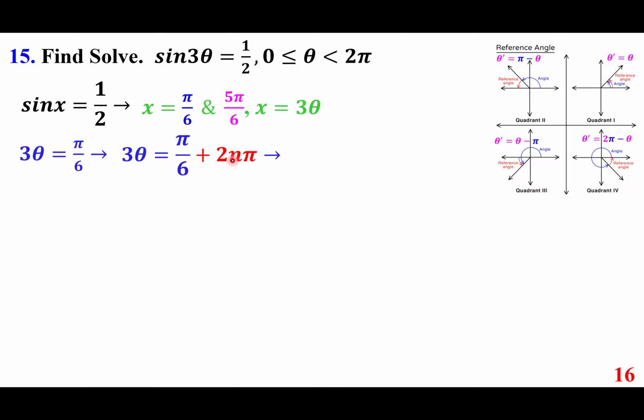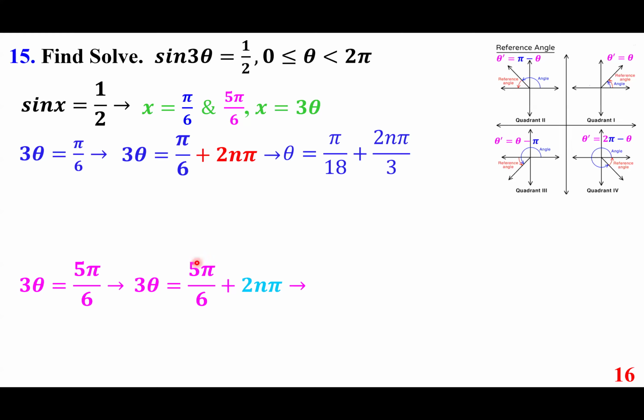This becomes 2n pi over 3. For 5 pi over 6, we're going to again do the same thing, and we're going to put plus 2k pi or plus 2n pi. And if I divide by 3, this becomes 5 pi over 18. This becomes 2n pi over 3.